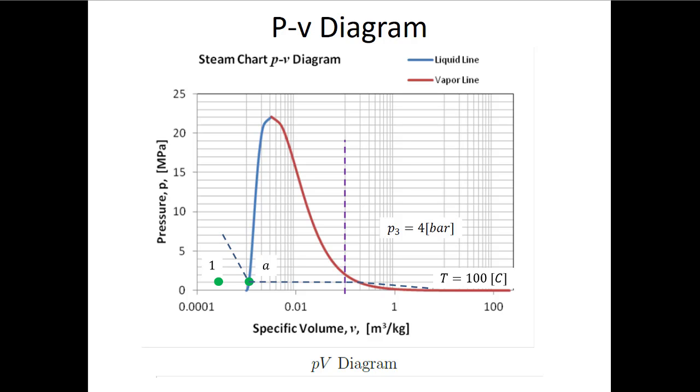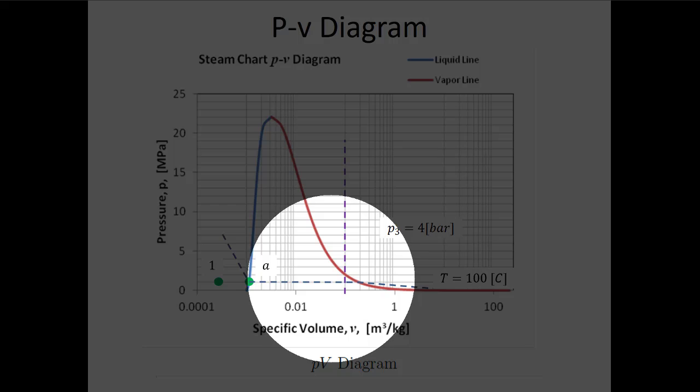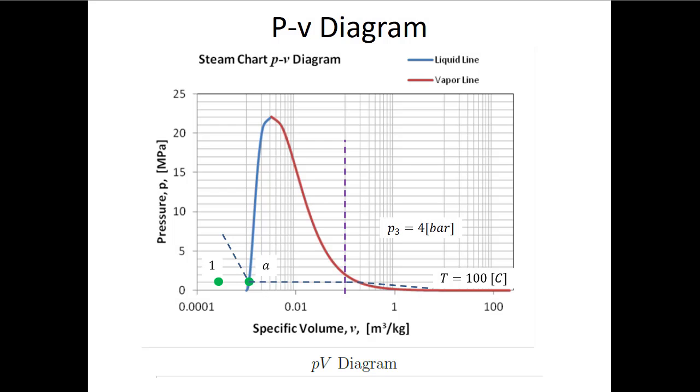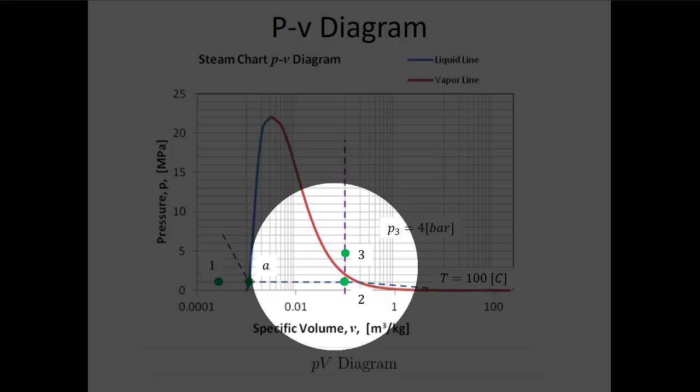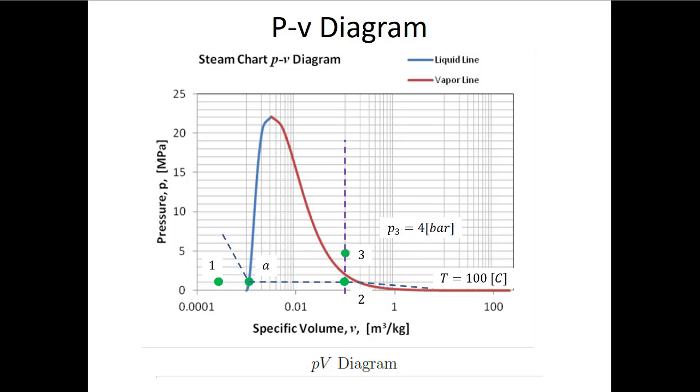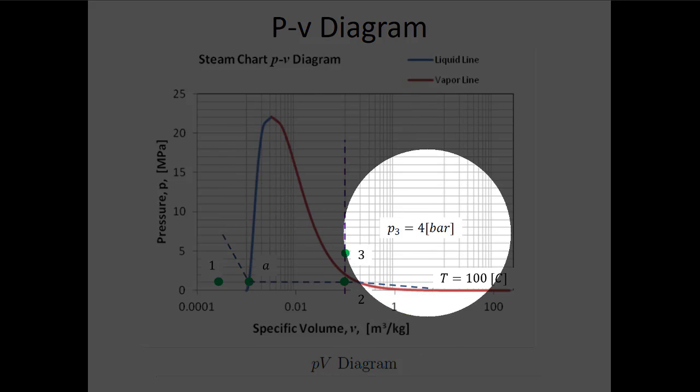We know that, again, we have a specific volume that's less than the specific volume of the saturated vapor. So we're going to be close to, but not at the saturated vapor line. And then here, we're going to be up at 4 bar, so the pressure is going to go up, and we draw this over here, right? So again, we're in the superheated vapor region over here.